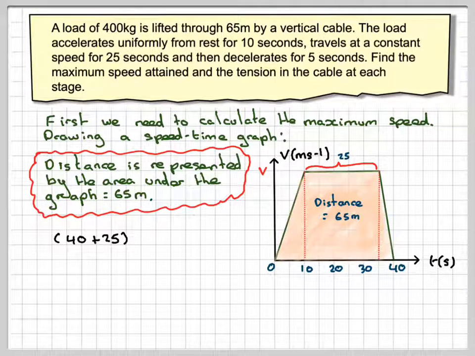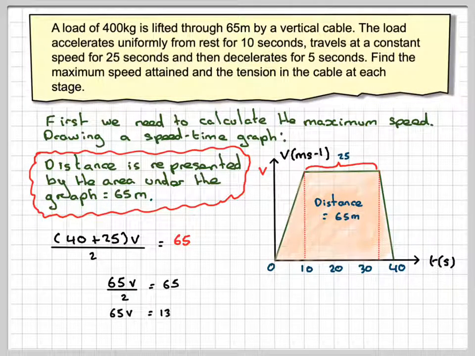So we've got 40, this distance, plus 25, times our velocity that we need to find, divided by 2, must be equal to 65. So 40 plus 25 gives me 65v over 2 is equal to 65. And therefore 65v is 130, and therefore v is 2 meters per second.